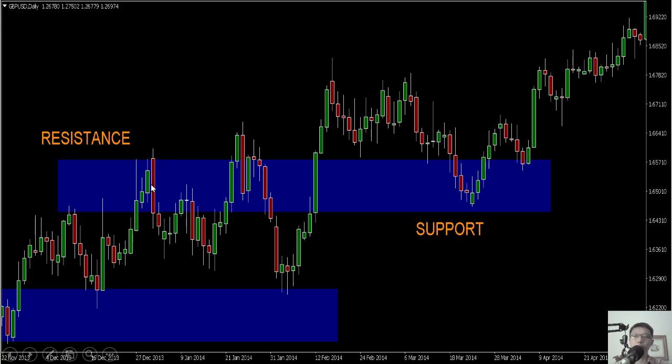After price pushes high until this level, sellers take control, push the price lower until this level, and buyers push up again, and then sellers, very strong candle here, push the price lower until this level, and then buyers push the price up again.